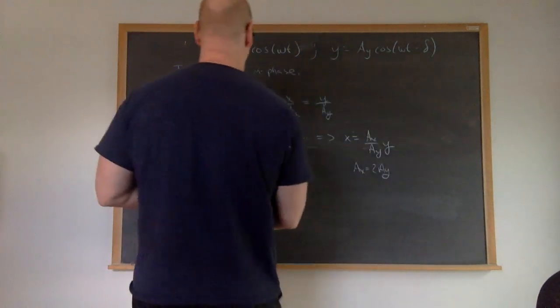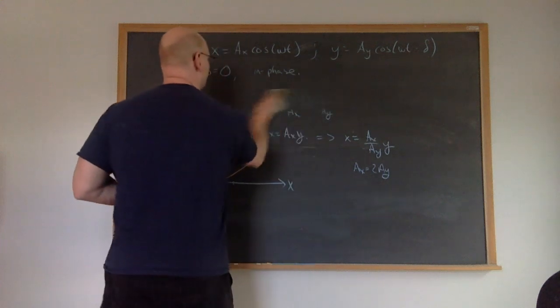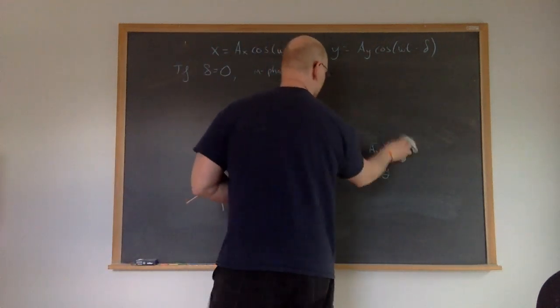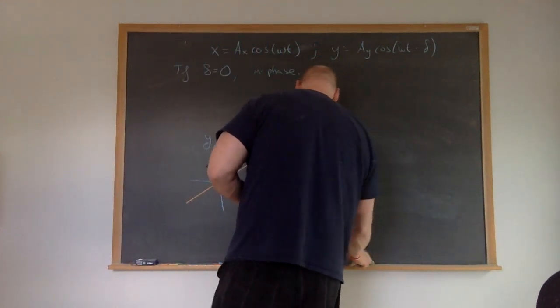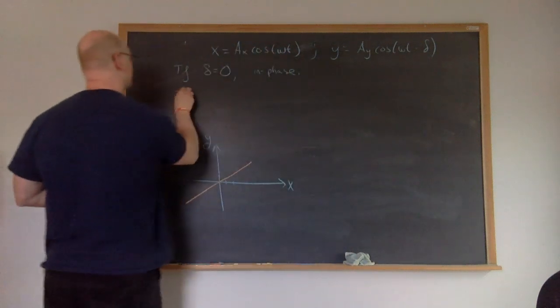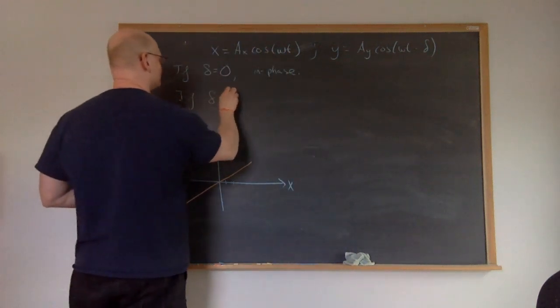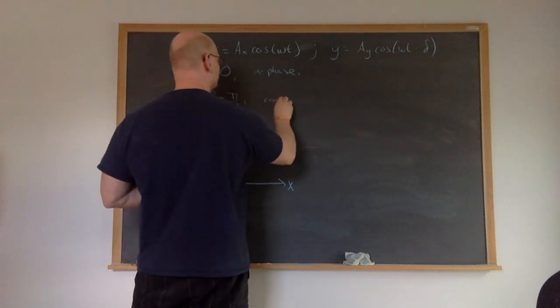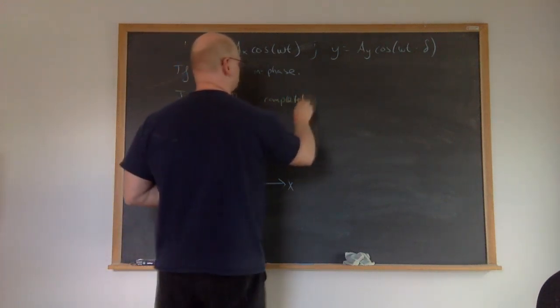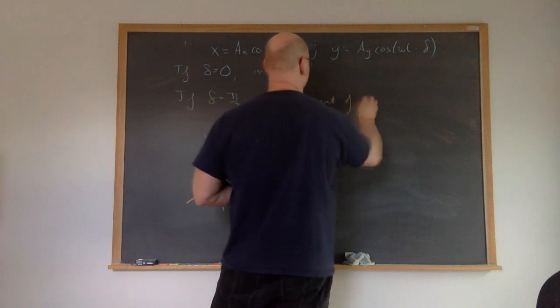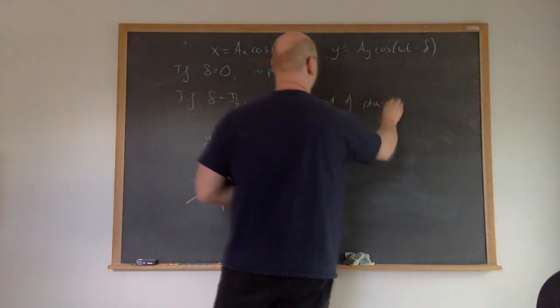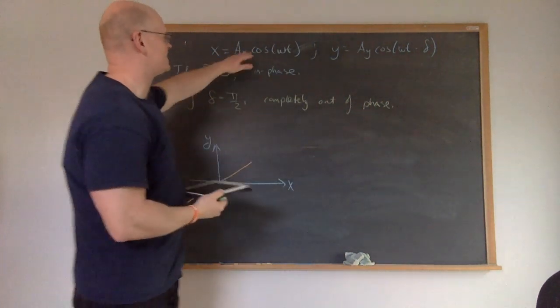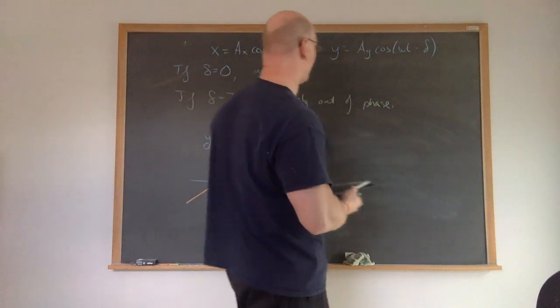Now, what happens, though, if these things are not in phase with each other? So let's take the extreme case, where let's say delta is equal to pi over 2, then these things are completely out of phase. So in this case, this is going to stay cosine, but this one's going to shift to sine.